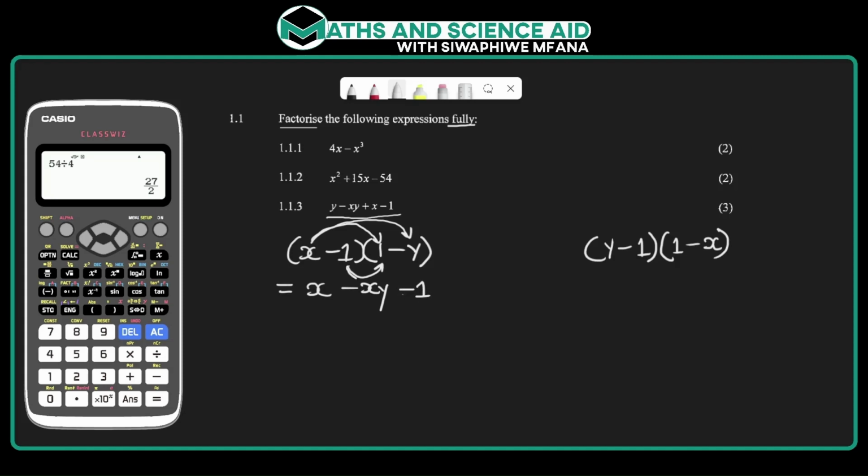And finally, if we multiply negative 1 by negative y, we are going to get positive y. And of course, the order here does not matter, so we can rearrange these terms and write them in the same order as in the original expression.